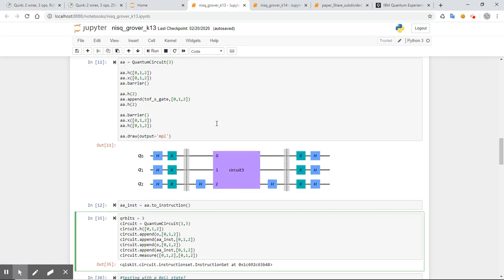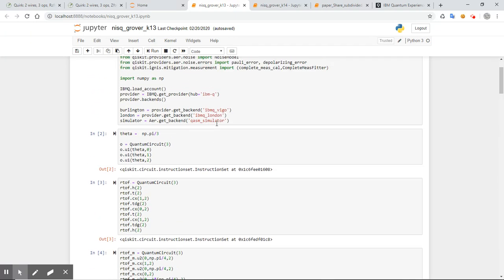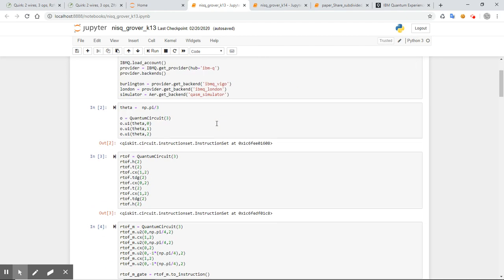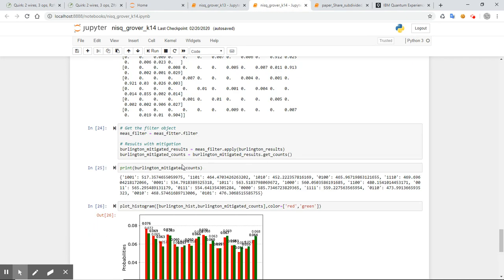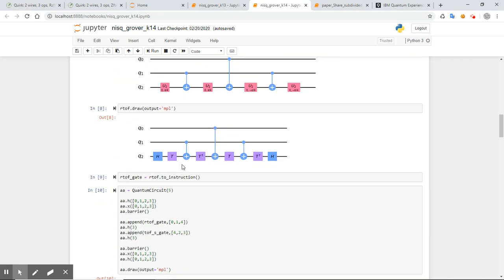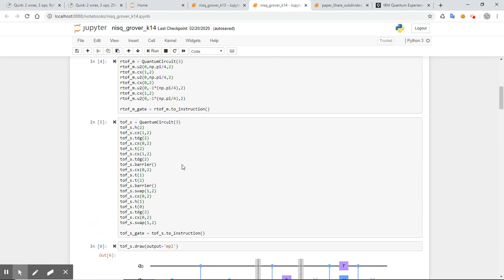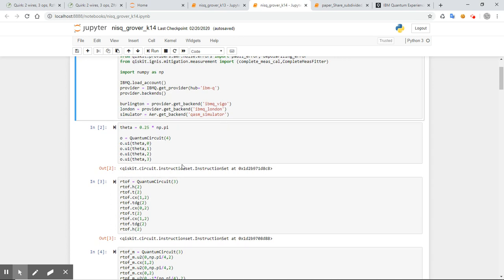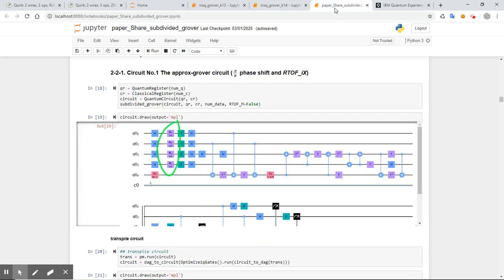The oracle. Where's my oracle? Theta. Pi divided by 3. Oh yeah, because okay, so I do pi divided by 4. U1 theta, which is pi divided by 4. But then we just said that pi divided by 4 should be the same as RZ.